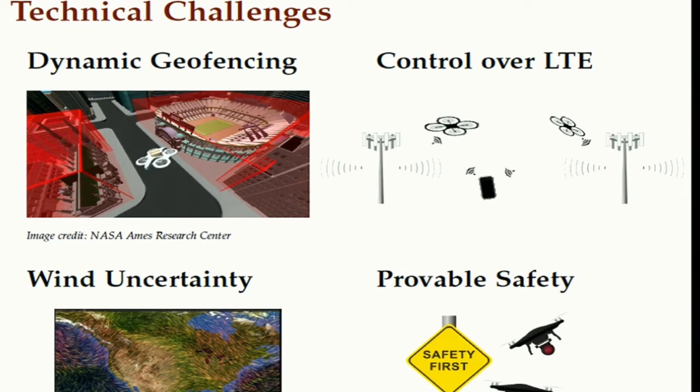Now, what are the technical challenges in building this kind of system? One of the concepts that has come forth is what is called dynamic geofencing. This is the picture I'm showing on the top left. Imagine these are virtual fences, in 3D, on top of the Google map, and this could be space and time varying. So if there is a football game going on, you cannot fly over the football stadium, but if the game is not going on, then maybe you are cleared to fly.